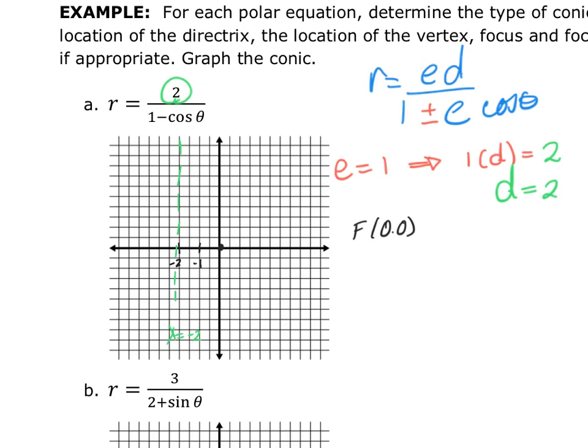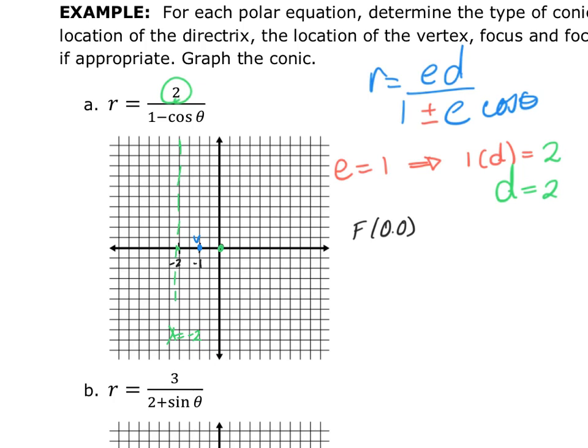Now, if this is where my focus is, at the origin, and this is my directrix, then my vertex is the halfway mark. So this is where my vertex must be, because it's halfway between. It also tells me, from the way that we defined it by the theorem, that at the focus I have a diameter.